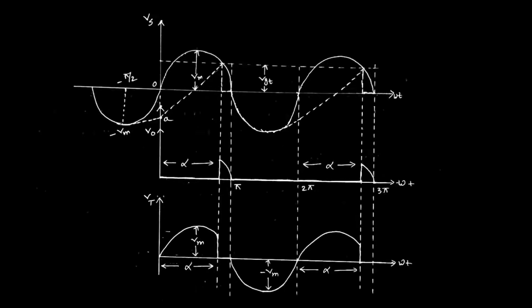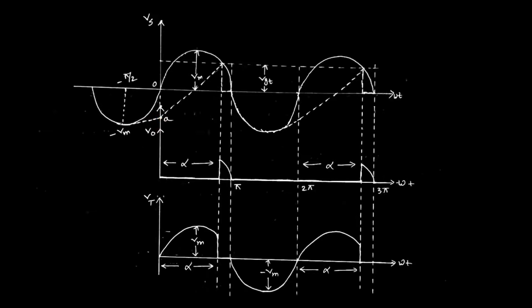See, when we are progressing from minus pi by 2 to 0 degree, then as per the normal behavior of the sine wave, the magnitude starts falling from its maximum peak minus Vm to this one. At the same time, the capacitor starts discharging across the resistance R, that means this dotted line defines the capacitor discharging path.